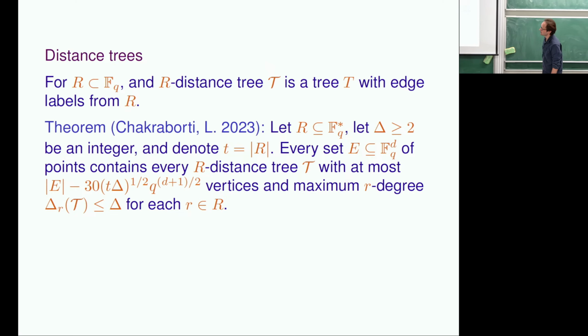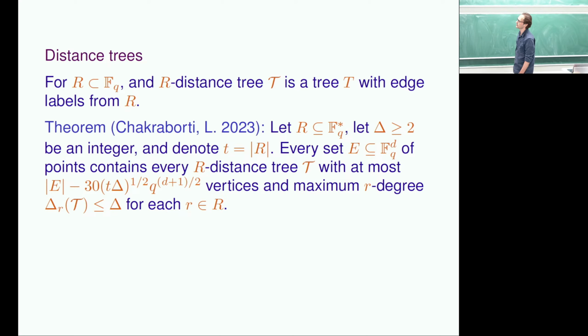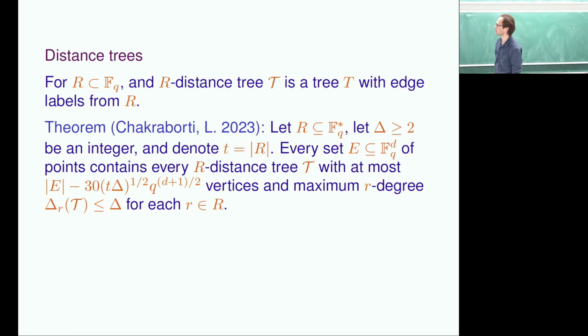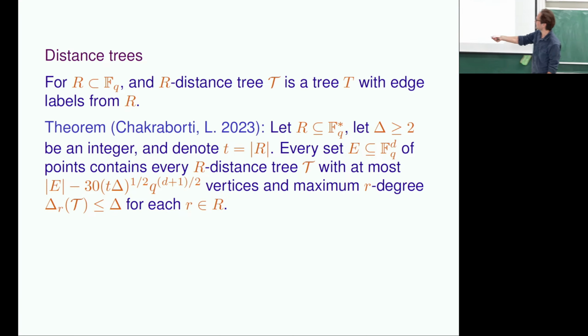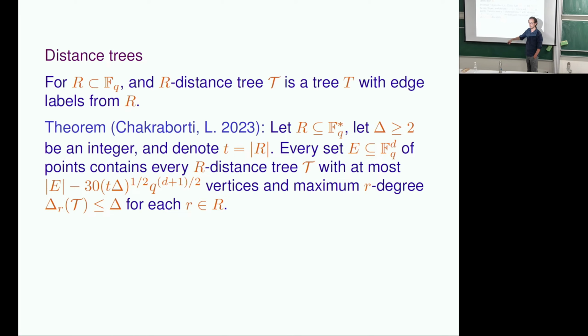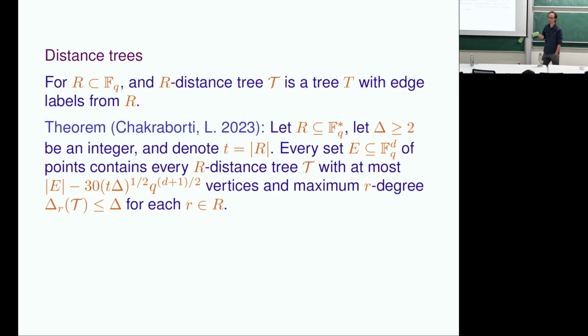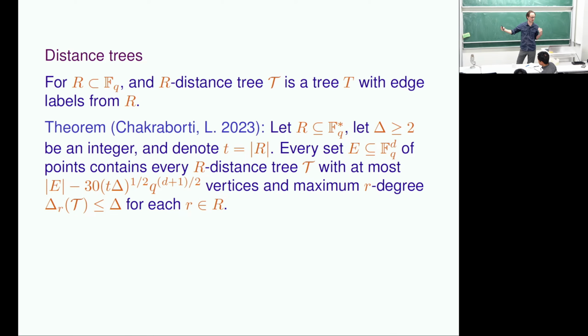It's not written down explicitly, but obviously this says nothing if the size of E is smaller than 30 times delta to the 1/2 times q to the (d+1)/2. This number is the threshold. And once we're past the threshold, the size of the tree that we find is everything that's left over.